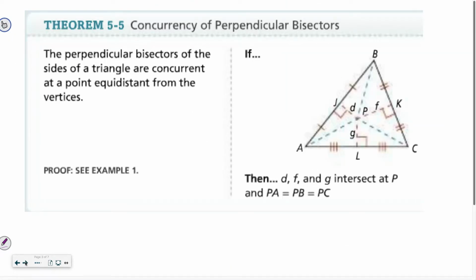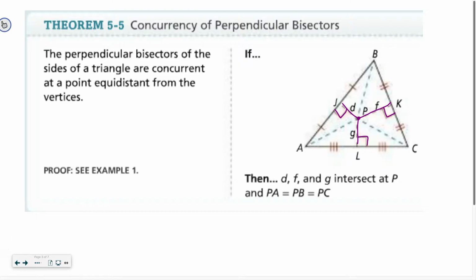Theorem 5.5 is about the concurrency of perpendicular bisectors. Remember, concurrency simply means that we have three or more lines intersecting. Since we're talking about a triangle, we're only going to have three lines, okay? So here's a perpendicular bisector, here's a perpendicular bisector, and here's another perpendicular bisector.